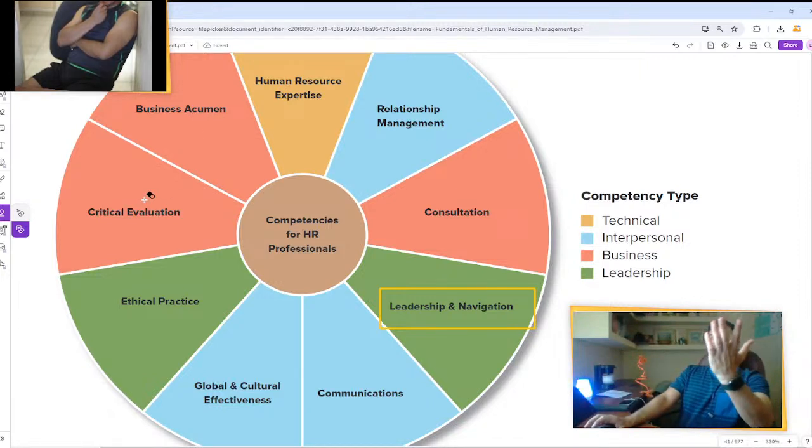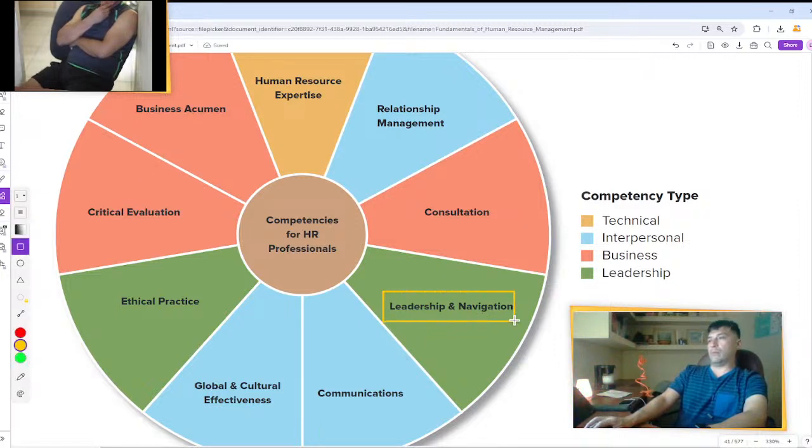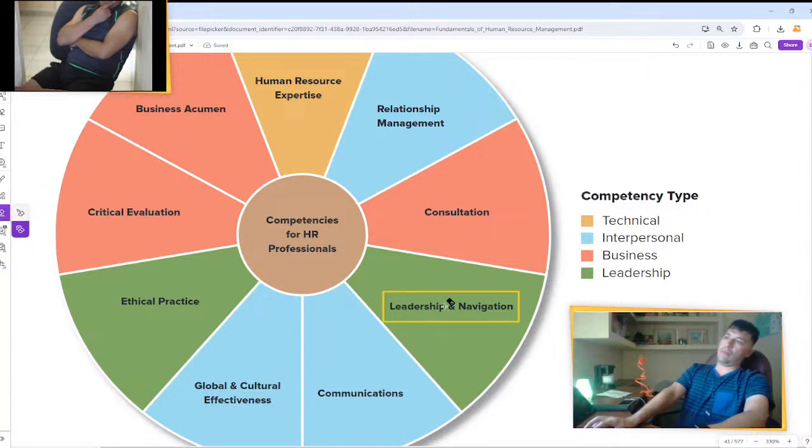And I guess it has a lot to do with leadership and navigation. What is this leadership and navigation? Well, many people look at the HR department as a reference.